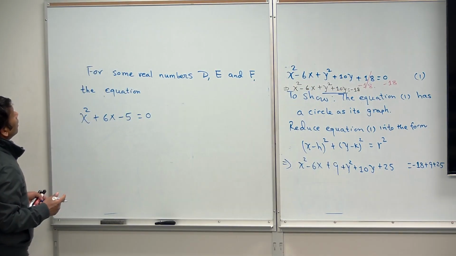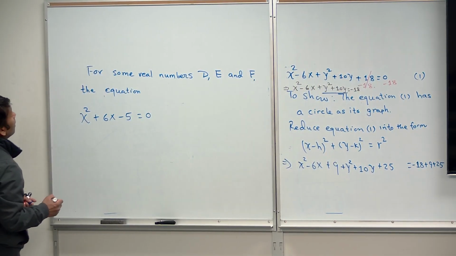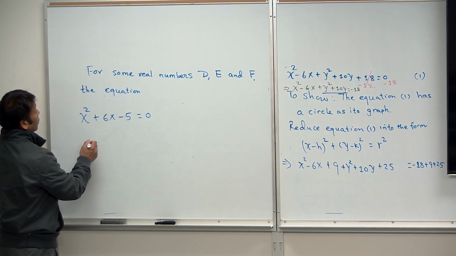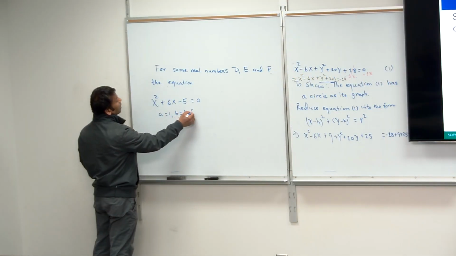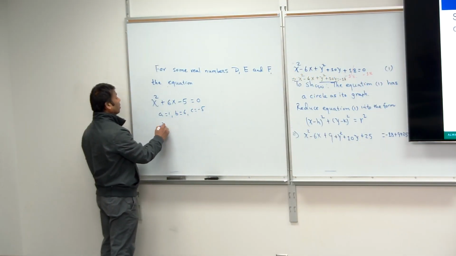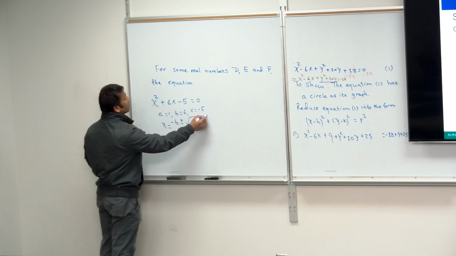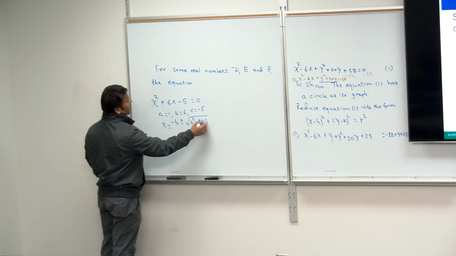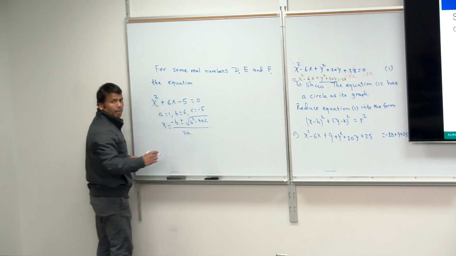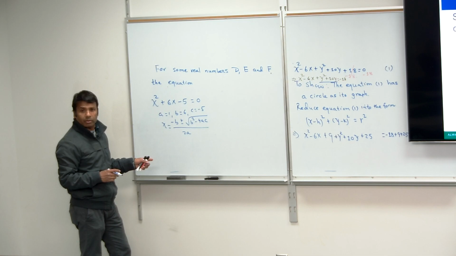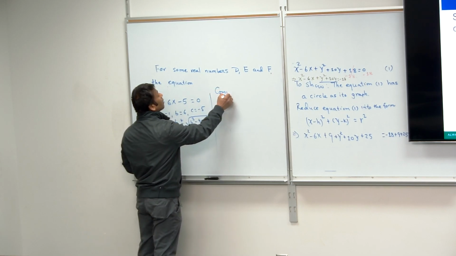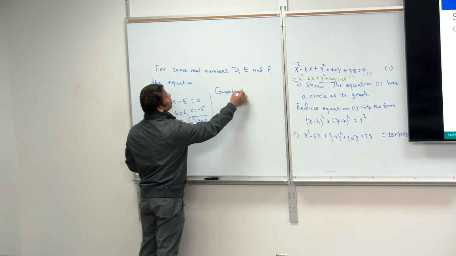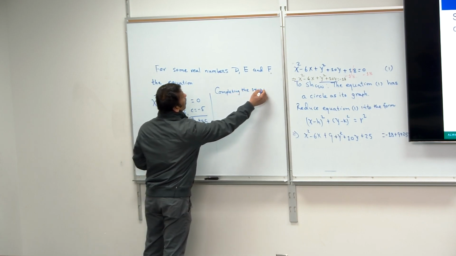If you want to use the formula method, you can use a equal to 1, b equal to 6, c equal to negative 5, and you use negative b plus or minus the radical of b squared minus 4ac, over 2a. Right? We use this if you want to use the formula. But if you want to use the completing the square method.